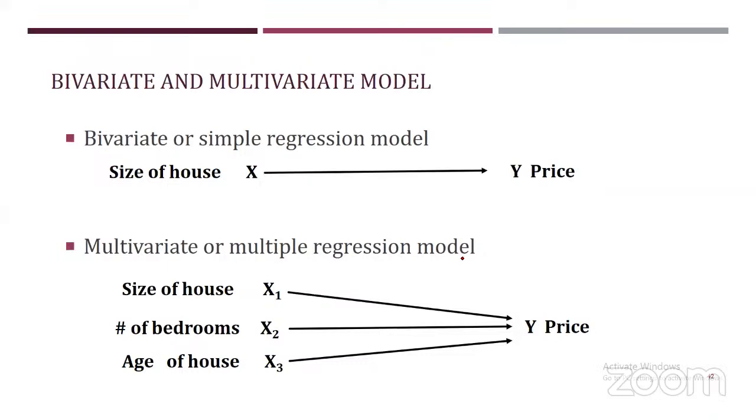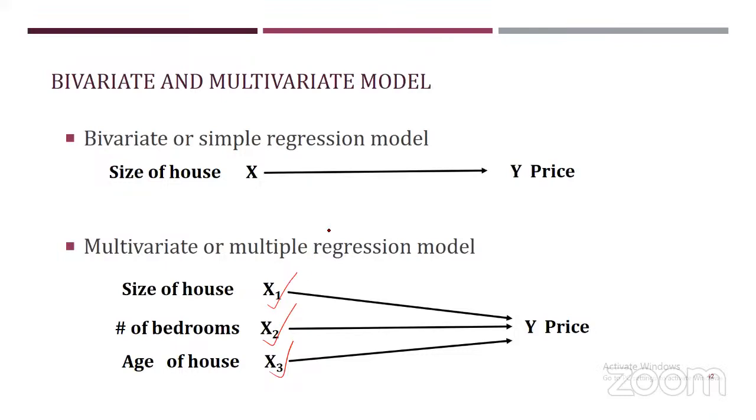When you have multiple features, it is referred to as a multiple regression or multivariate regression model. In the case of a house price, it could be the size of your house, number of bedrooms, age, location.